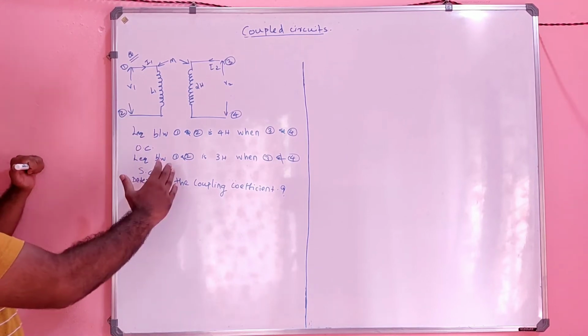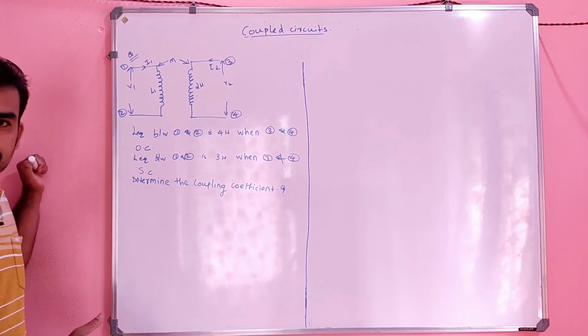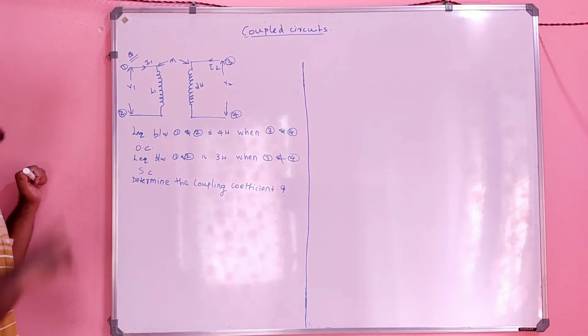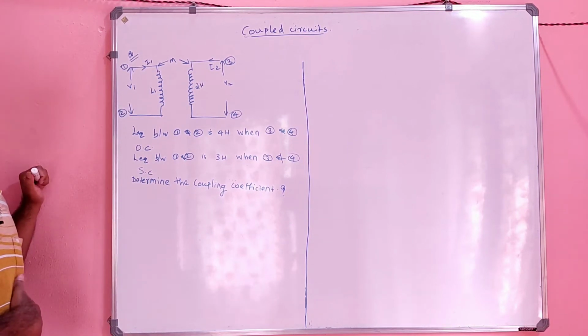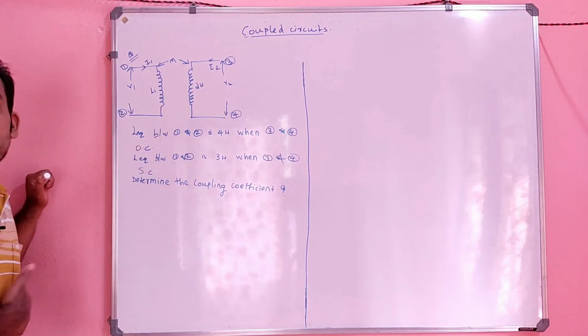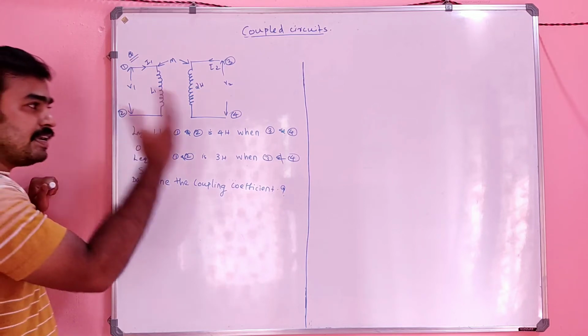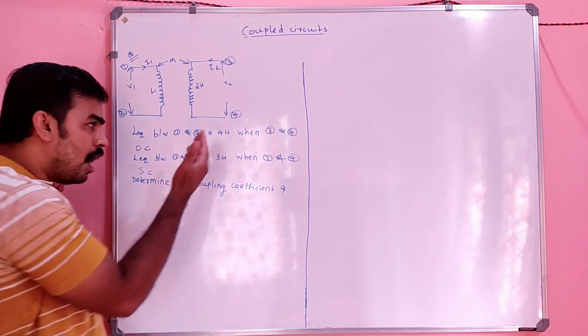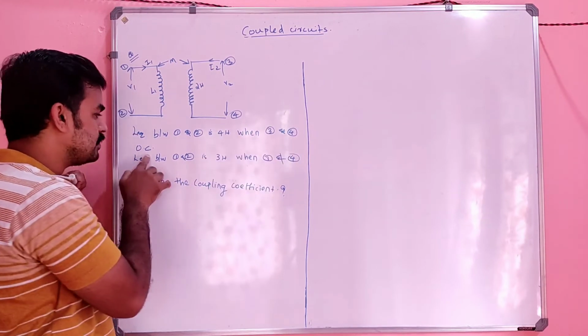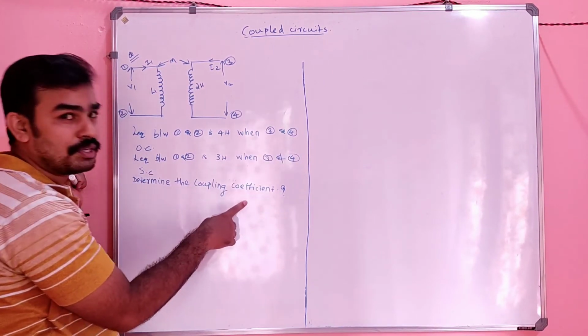Can we do the question directly from this circuit? No, you can't do this, because it's an electrically isolated circuit. For an electrically isolated circuit, we can't consider open circuit or short circuit.